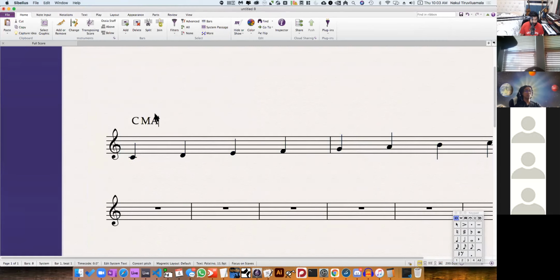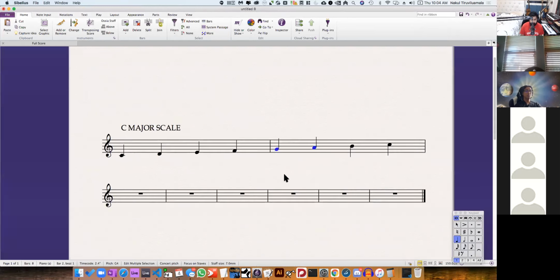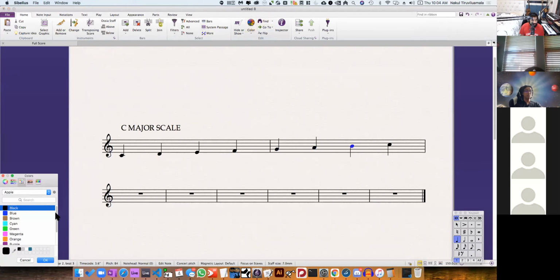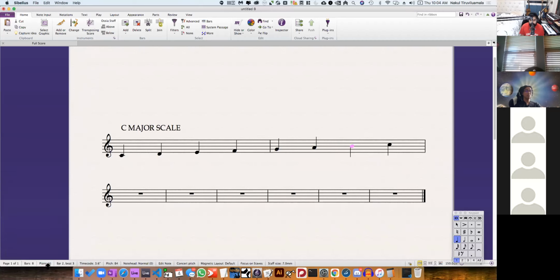Now right here, this note to this note, my mistake, I'm going to color this note lavender, or I guess magenta. It's the closest thing. Lavender for leading tone, okay? Now this interval right here, between this note and this note, is going to be a half step.